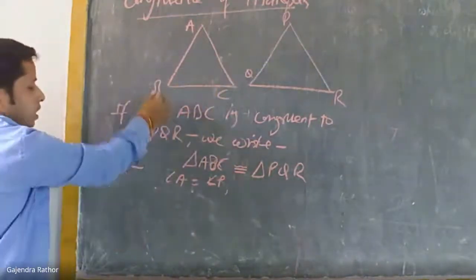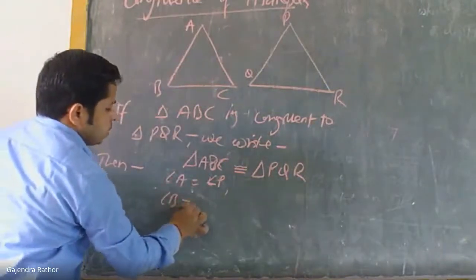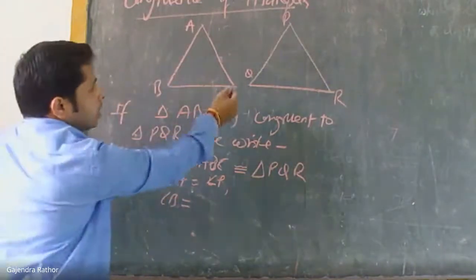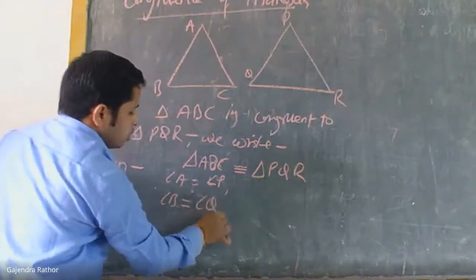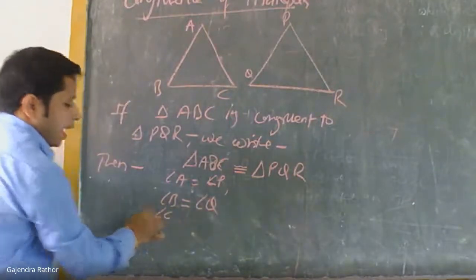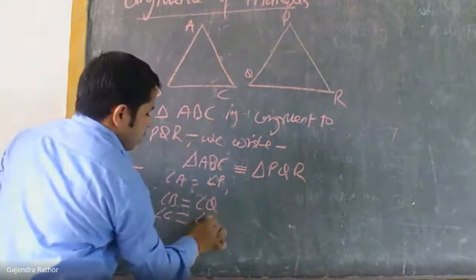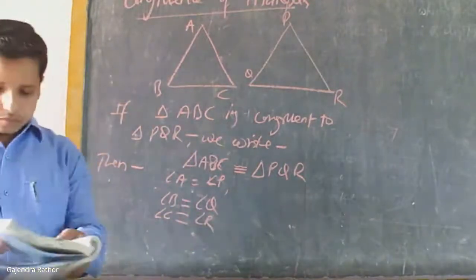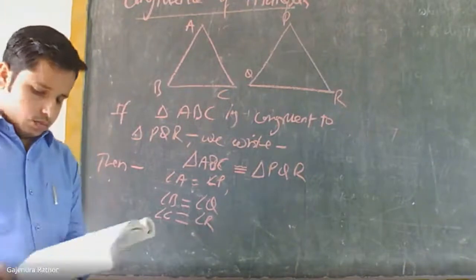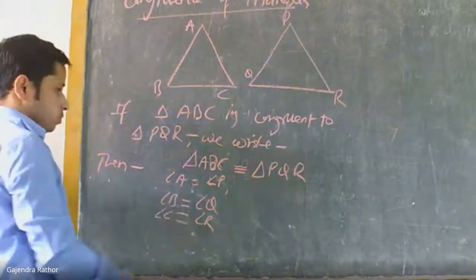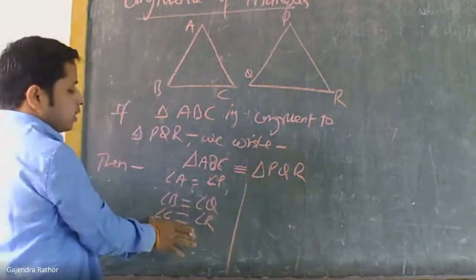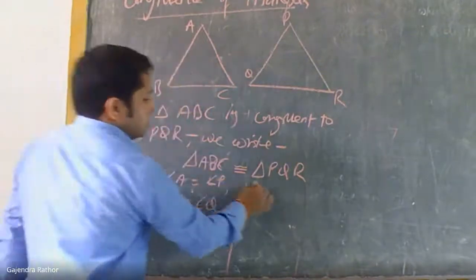The next is angle B, equal to the corresponding angle Q. The next is angle C, the corresponding angle is angle R. And these are the three angles. Now the three vertices.